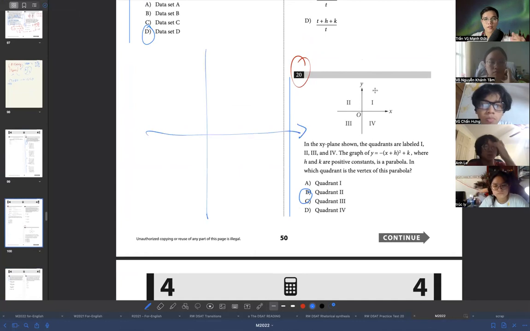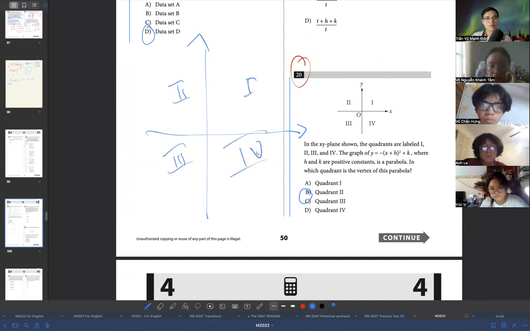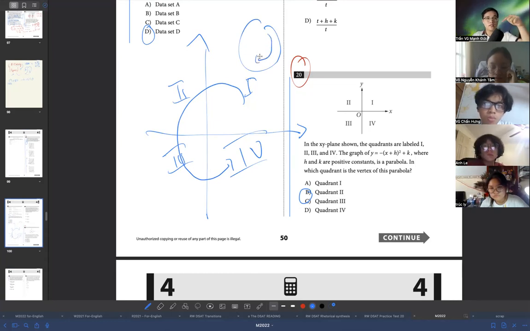Sometimes they won't even give you the numbers. 1, 2, 3, 4. Remember, it's counterclockwise. This is clockwise, they run from 1, 2, 3, 4, 5, 6, 7, 8. That is clockwise. And the quadrant order is counterclockwise.